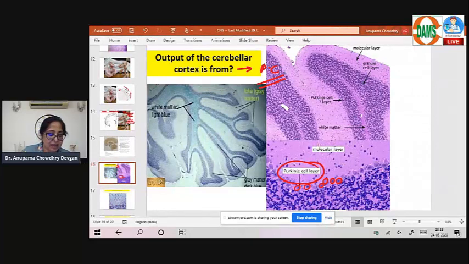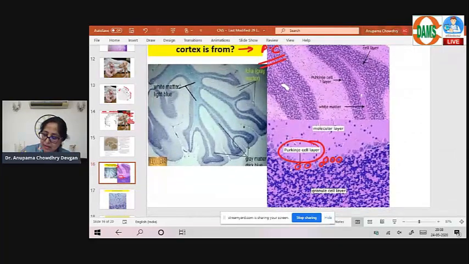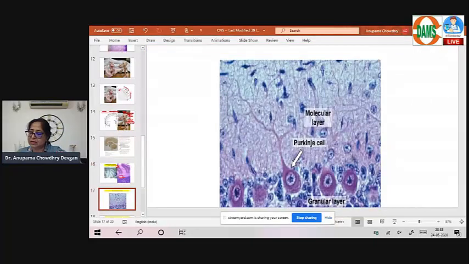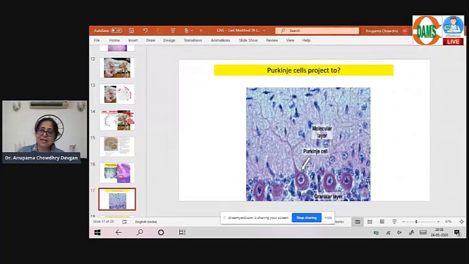Then another AIIMS question which was asked: Purkinje cell projects to, and the answer is deep nuclei. Again, you were given a histology slide. You can see this large Purkinje cell here. Purkinje cell projects to the deep nuclei.